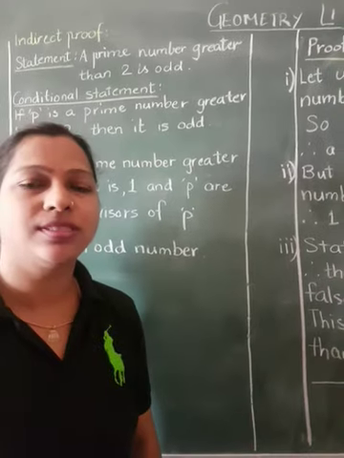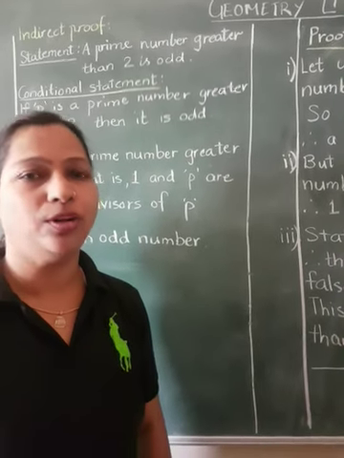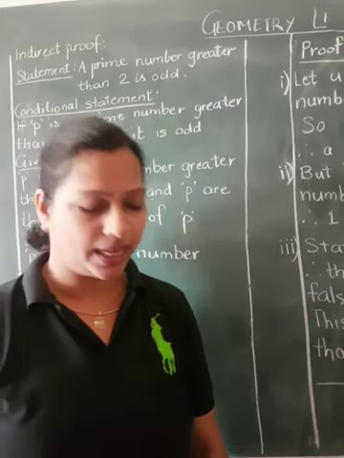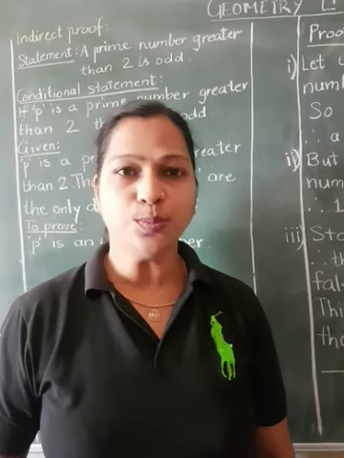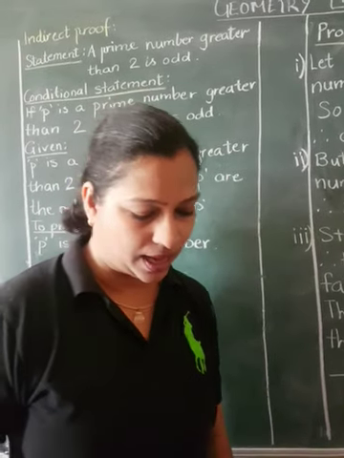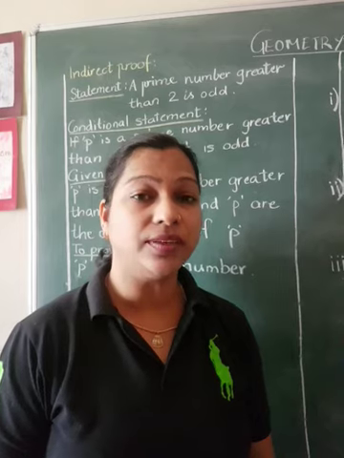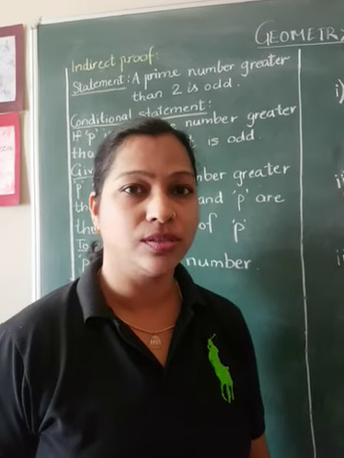Let us now study an example of an indirect proof. Now what is an indirect proof basically? This proof starts with an assumption that the consequent which is given is false.